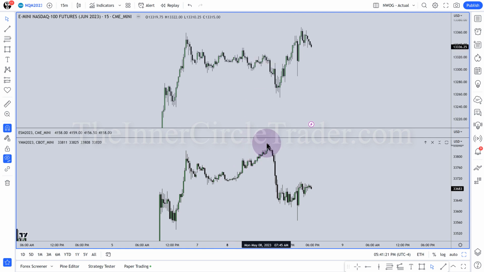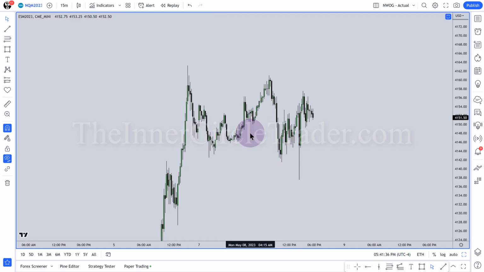We have a very specific time of day, and we're also looking at this divergence, and we're going to take a look at the ES. The ES was able to make a higher high here as well, but it didn't make that higher high there. Notice that?